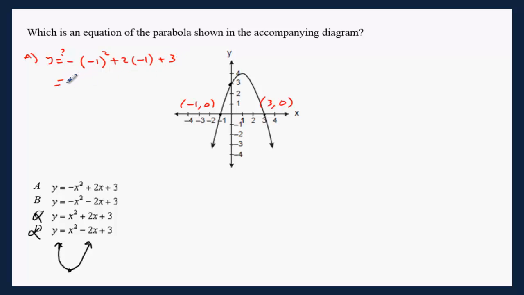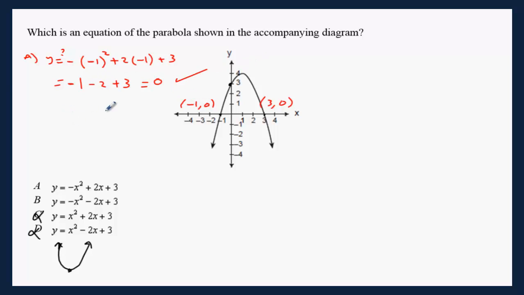The negative sign, you put it down here. -1 squared is +1, so the first term is -1. Second term, 2 times -1 is -2, plus 3. -1 and -2 is -3. -3 plus 3 equals 0. So the first point, (-1, 0), works.